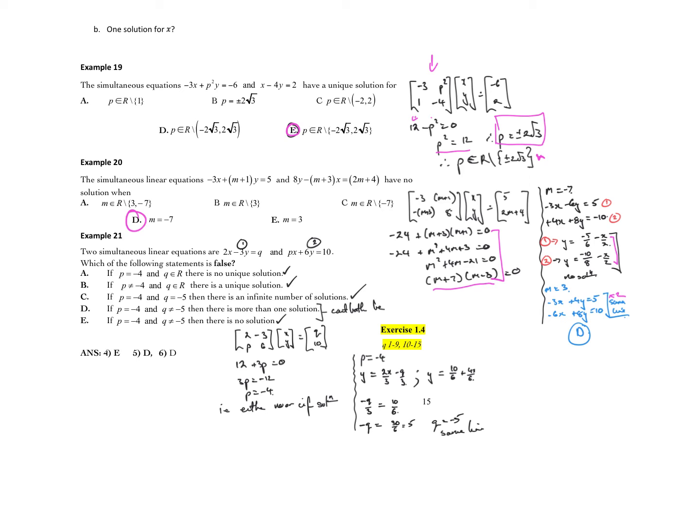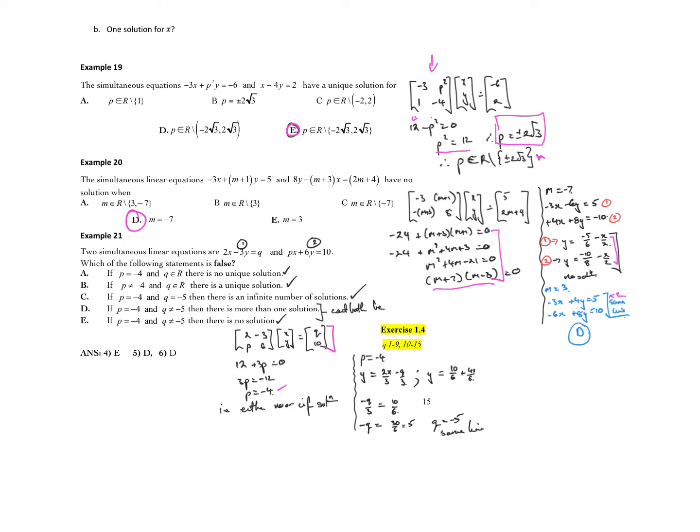Last one, again, we've got a couple of different variables here that we're going to have to work with. One will affect my y-intercept, one will affect the gradient. If we set up our system of equations, I'll get 12 plus 3P equal to 0. So P equal to -4 gives me either no solution or infinite solutions.